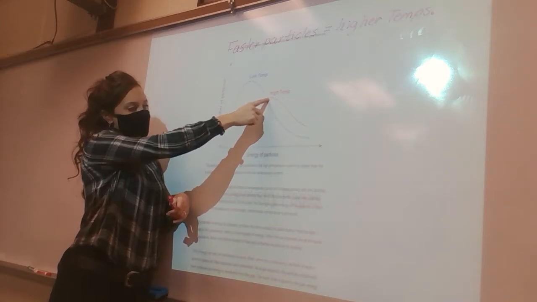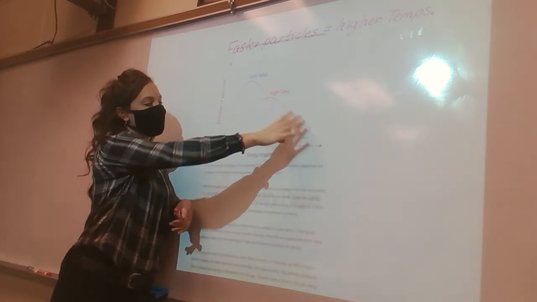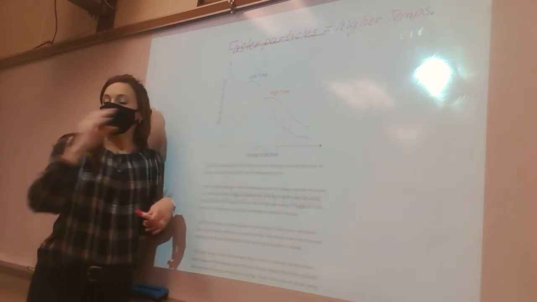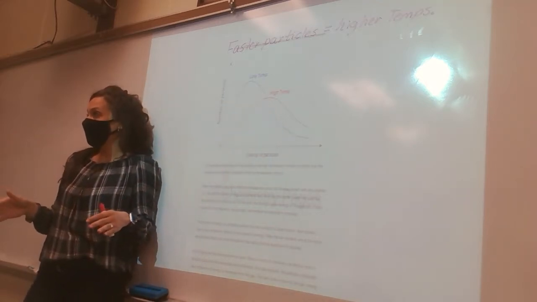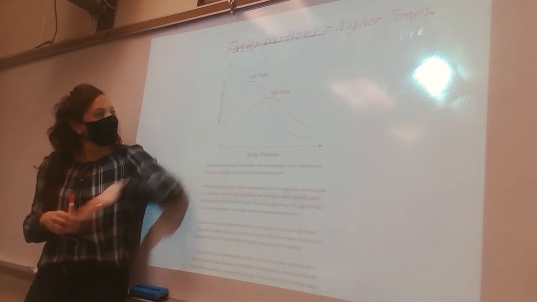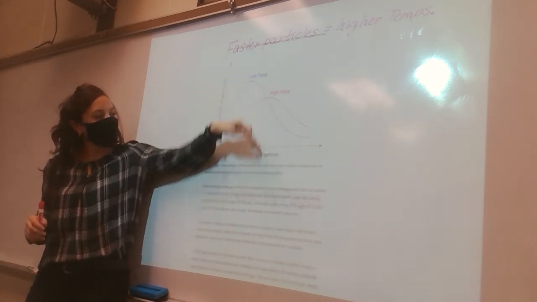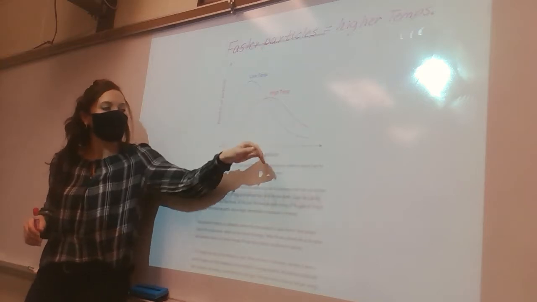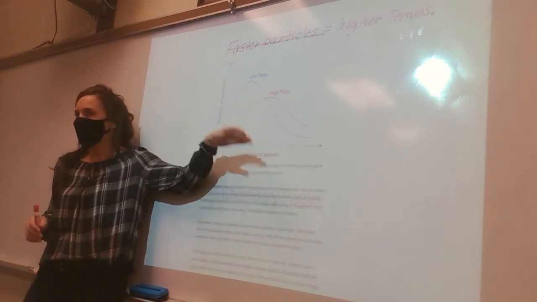At a higher temperature, it's more spread out because you have more high energy particles. Same area under the curve. Let's say it's 100 particles. At the lower temperature, more of them have low energy. The higher temperature, more of them have higher energy.